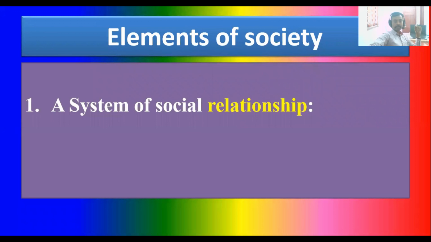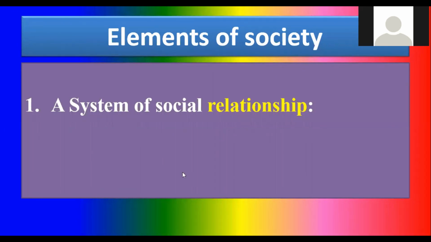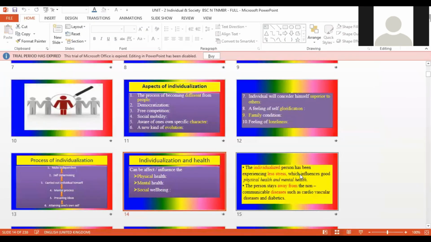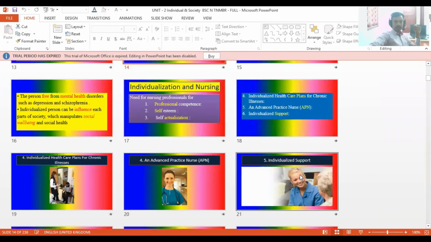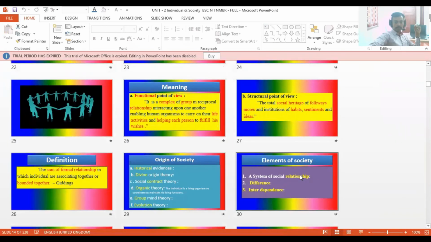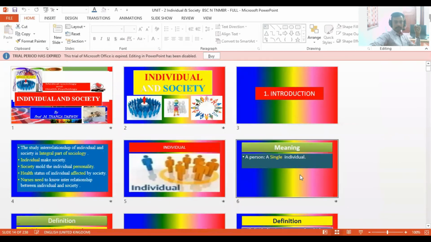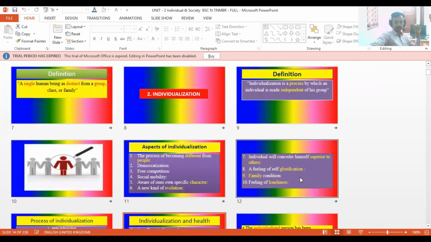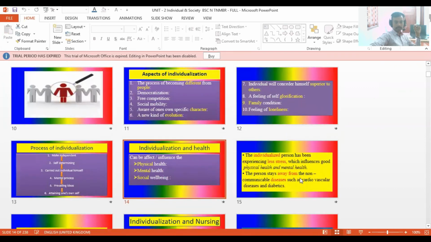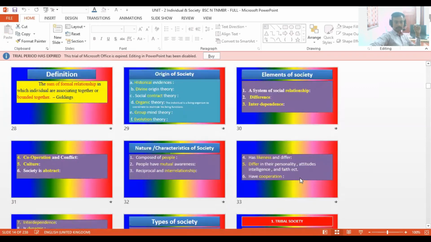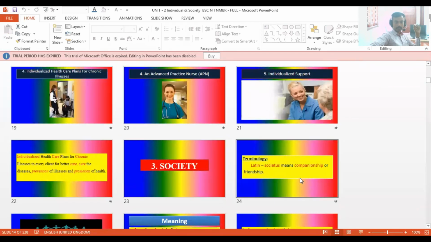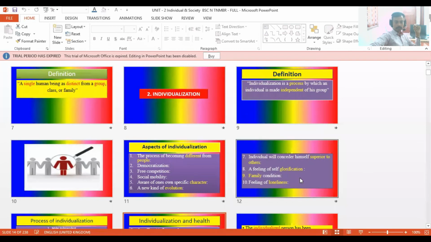So what did we learn today? Today we learned individual and society, meaning, definition, individualization, then society. Key points: individualization.